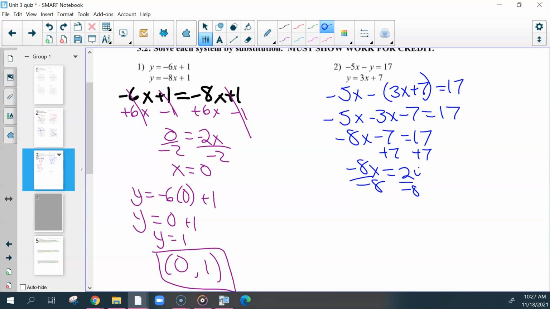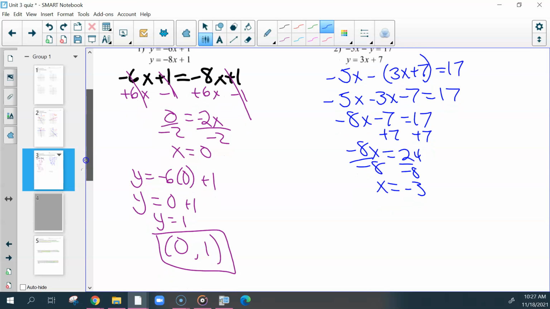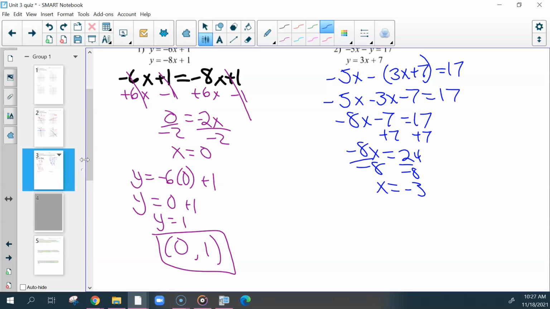This should be 24. There we go. Once you get your x value, it should have been negative 3. None of these should have been decimal or fraction answers. Once you get one variable, put it back into either equation, but this would be the easier of the two.